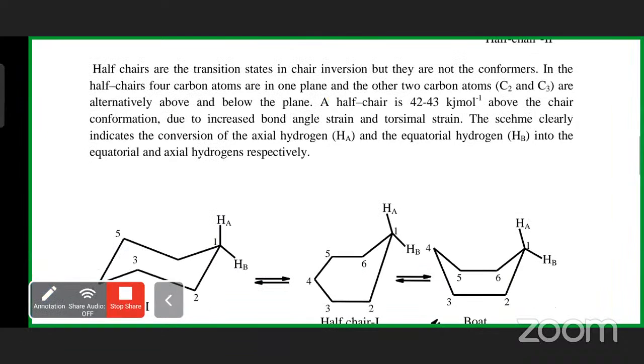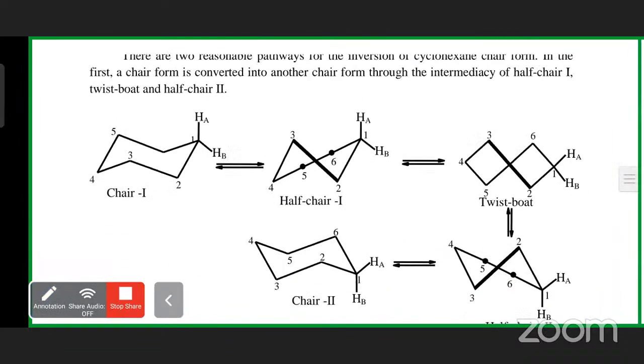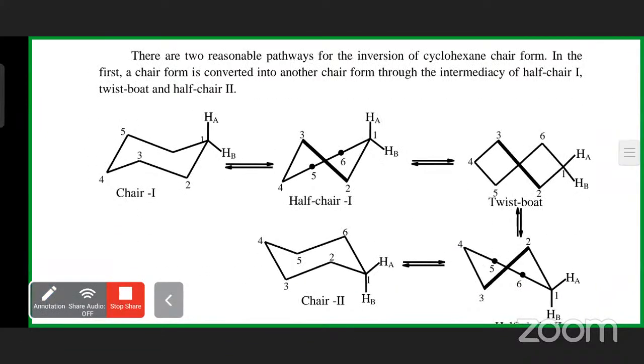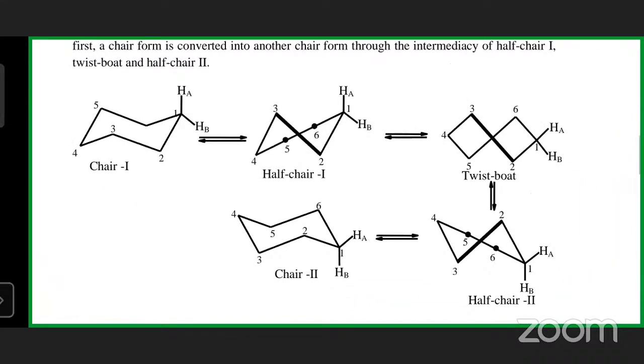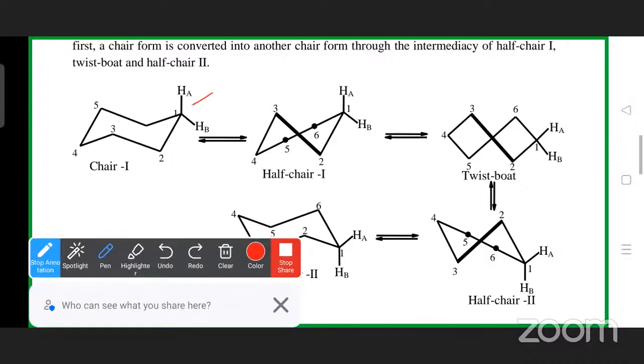So what we are doing here with chair conformation 1 is converting different groups from one orientation to another orientation. For example, here you see HA and HB. For differentiation, we are giving HA and HB.